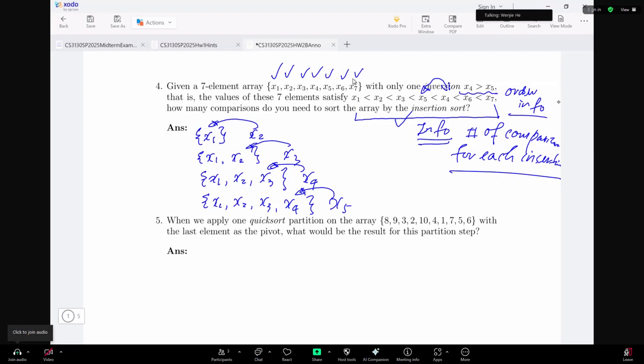So it processes x1 first, x2 second, x3 next, in this natural order, not in this order when you do insertion. That's this question.